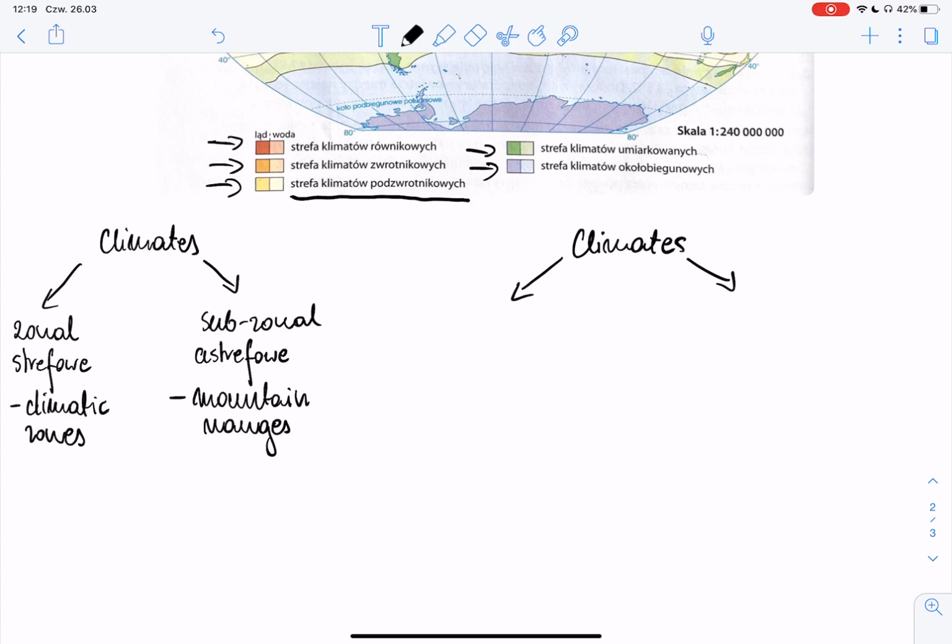We can have oceanic climates, czyli klimaty morskie, and we might have climates that are called continental, czyli kontynentalne.